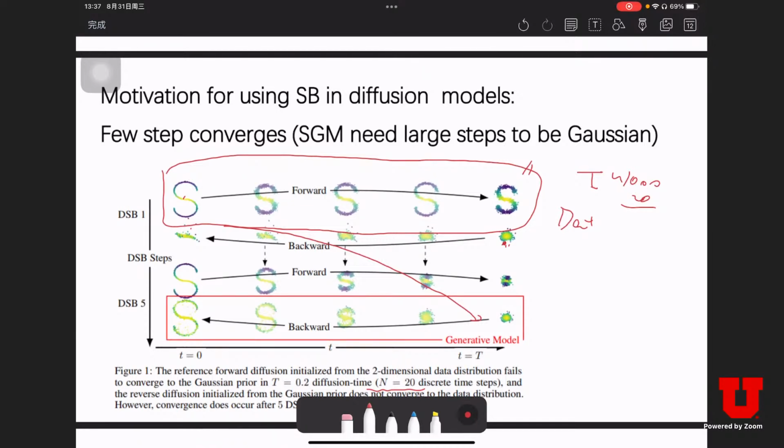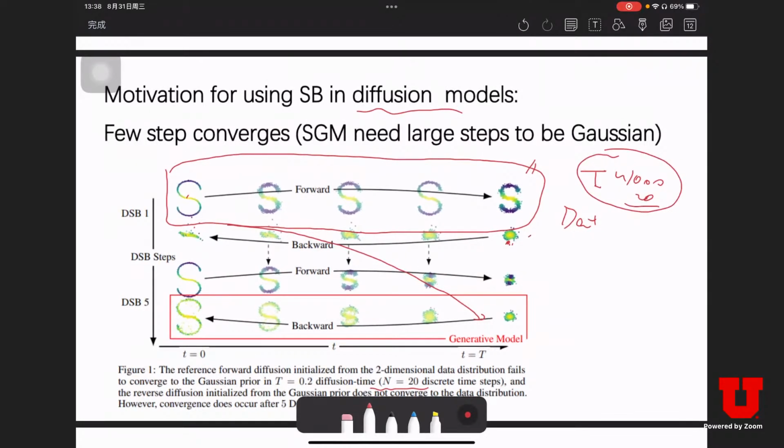If you check the main papers about the diffusion model, people criticize it for this. It is time consuming and very costly because you have to set a very large T, especially when you want to sample. You sample from Gaussian noise, and you have to do thousands of steps jumping back to get a good initial sample.